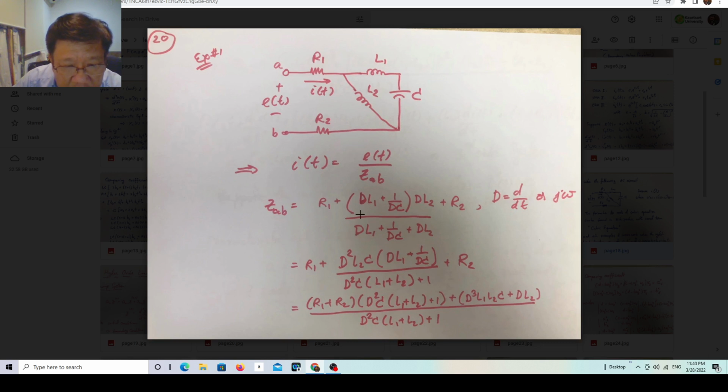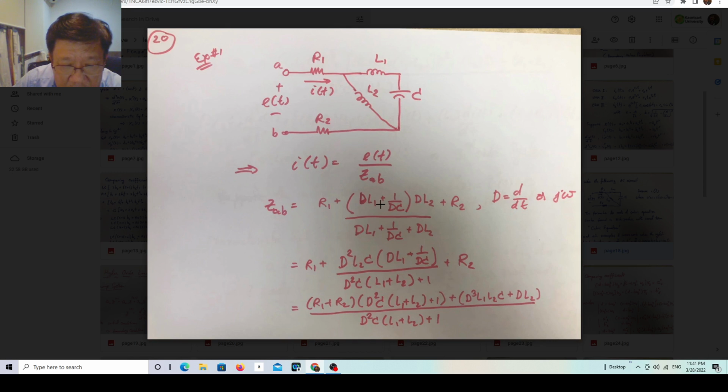So up above, you get D times C, and divided by D times C. What D times C multiplies in this part becomes D squared L2C, because we multiply and D becomes D squared. This leads to the second order also.